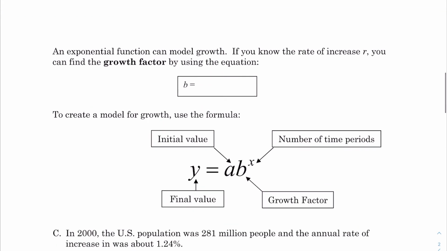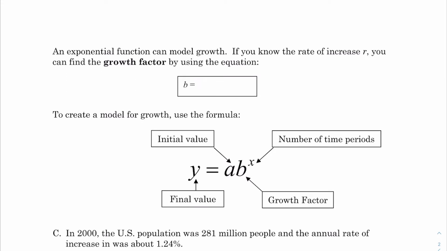A lot of times it'll be useful in a real world situation to, instead of just saying you're multiplying by a certain scale factor, talk about that scale factor as a rate of increase. The rate of increase uses the number 1 as a baseline, and then however much you are above the number 1 would be your rate of growth.